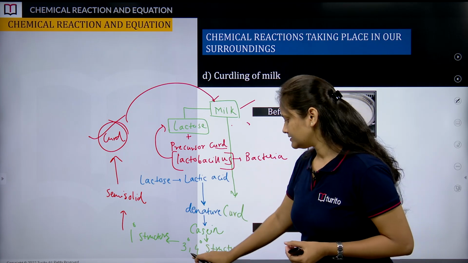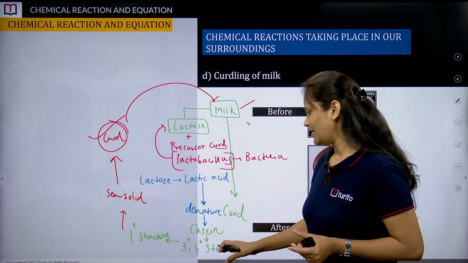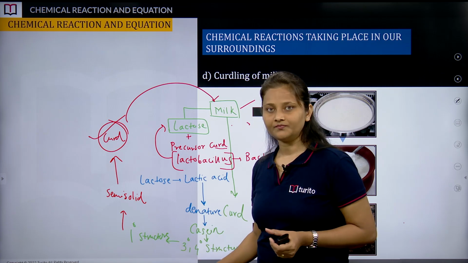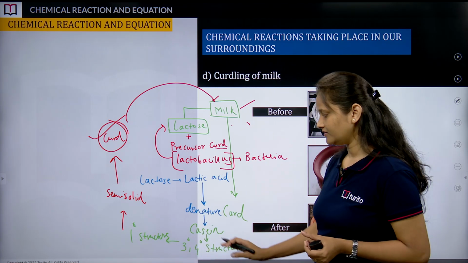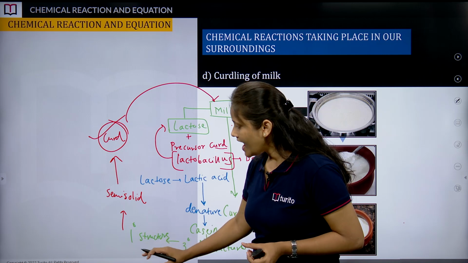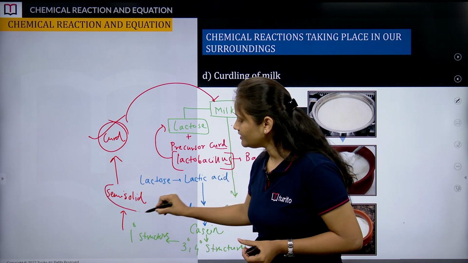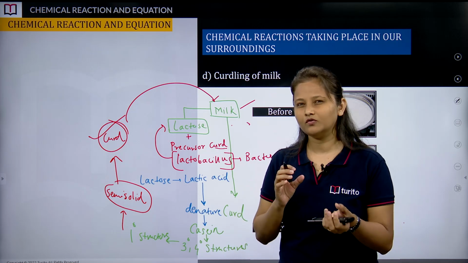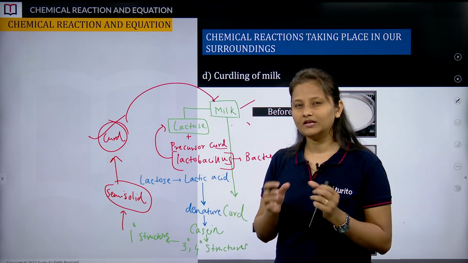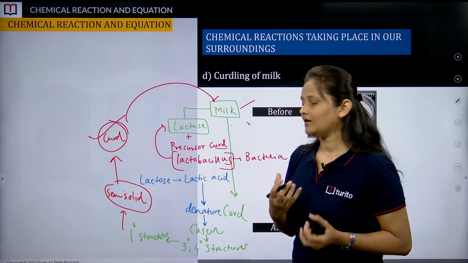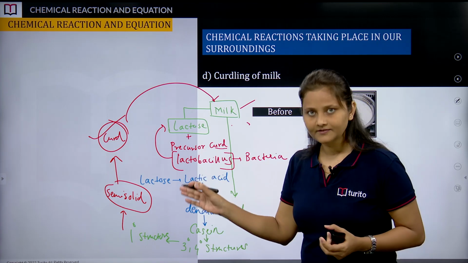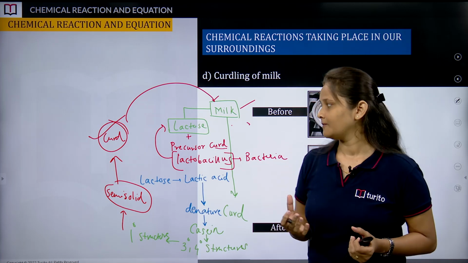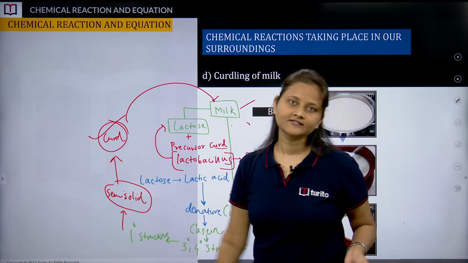So it has some complicated structures, tertiary and quaternary structures, which are getting turned into primary structure, and this is how we get a semi-solid, thick, semi-liquid kind of substance generated overnight, or after 5 to 6 hours. That is what our curd is.